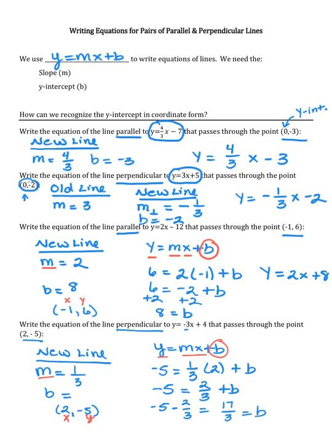That equals my y-intercept b. And so the equation of this new line that's perpendicular to y equals -3x plus 4 and passes through the point 2, -5 is y equals a positive 1/3 x minus 17/3.